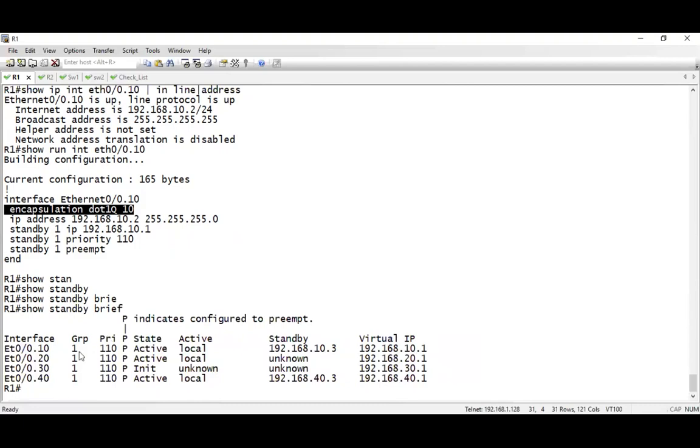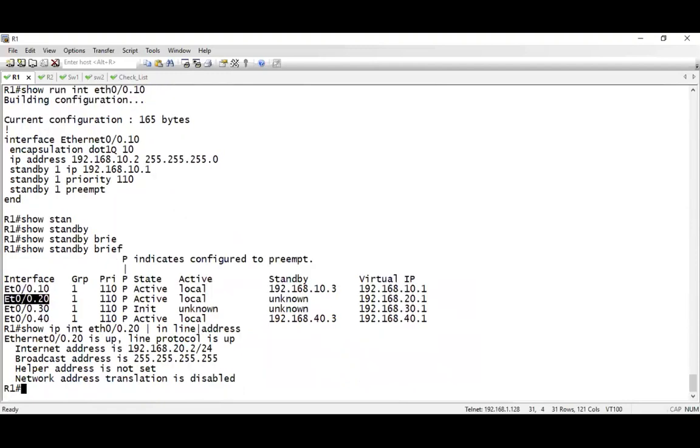Let's have a look at the other sub interface. Show IP interface Ethernet 0/0.20. Line protocol is up, the IP address configured is 192.168.20.2, and the prefix is /24.